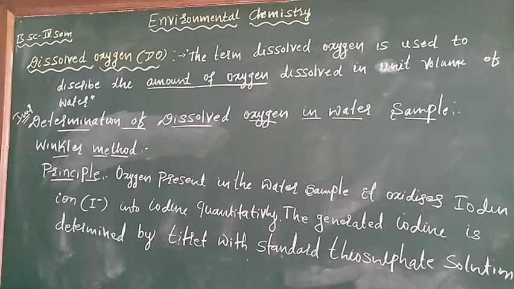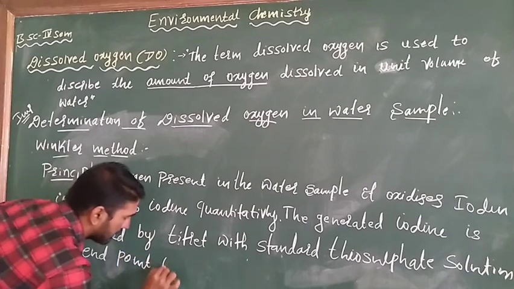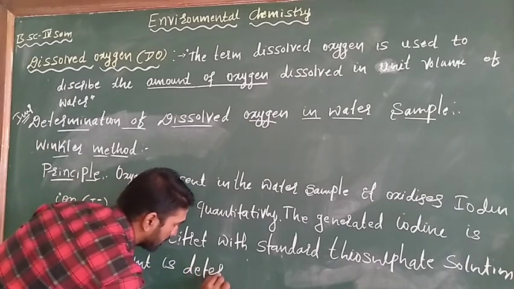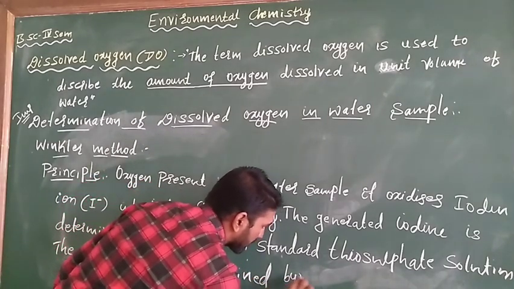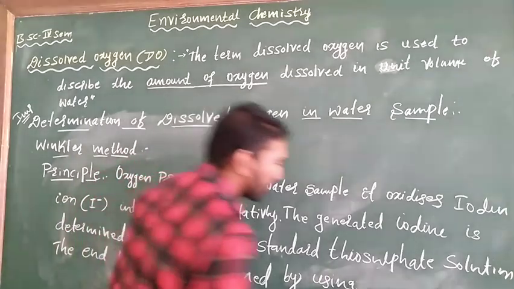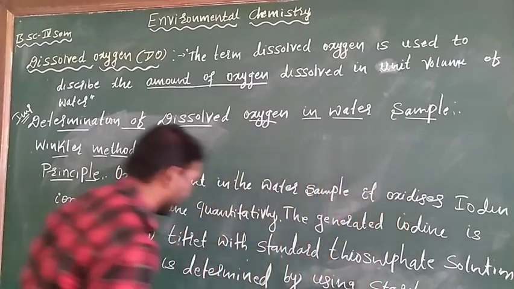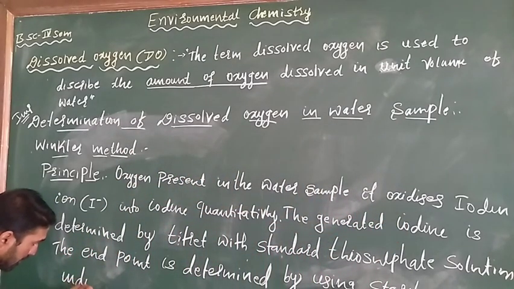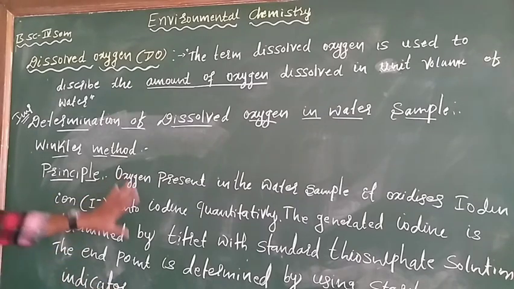Okay, and the end point is determined by using starch as an indicator. It is the principle of Winkler method.